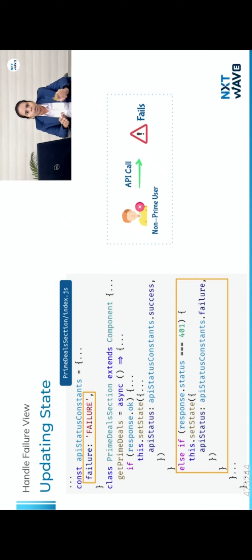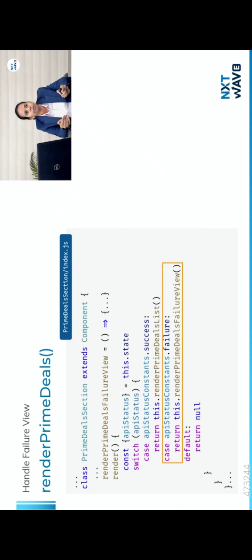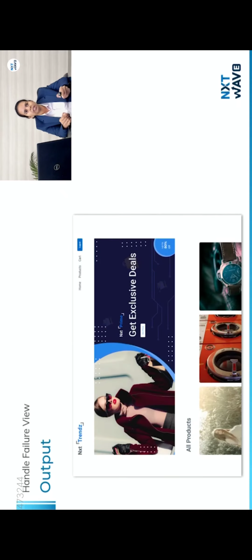Now we have updated the API status. Based on the API status, we have to render the failure view. That's what we are doing in the render method. There you can see, case apiStatusConstants.failure. If it is a failure, then we are displaying the failure view. There you can see this.renderPrimeDealsFailureView. Okay, clear? So with this, we'll get an output in this manner. Let's give this a try.